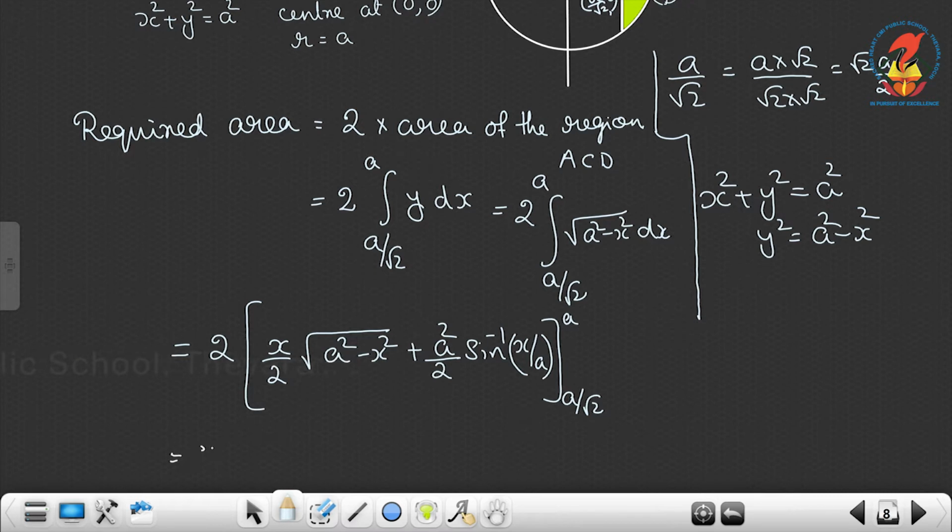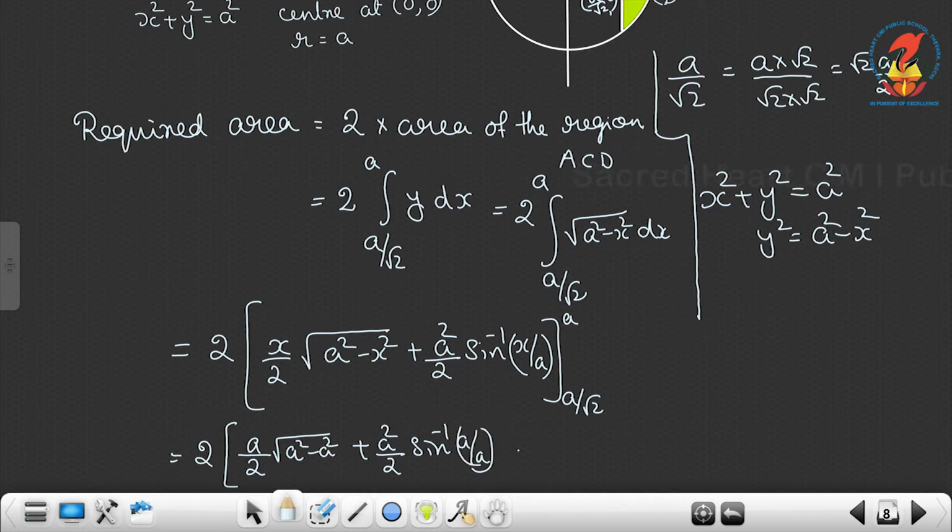Now first we have to apply the upper limit, then the lower limit. When we apply the upper limit a, a by 2 into root of a square minus a square becomes 0, plus a square by 2 sin inverse a by a, that becomes 1.